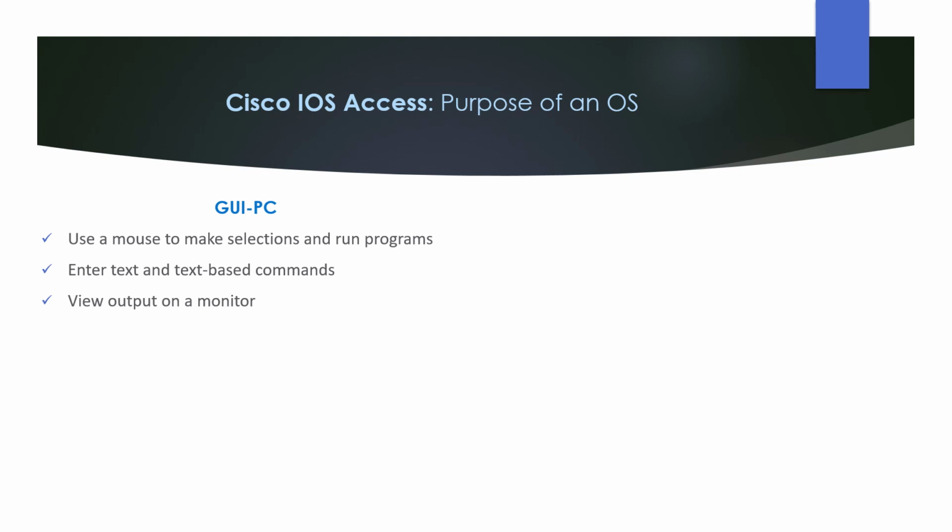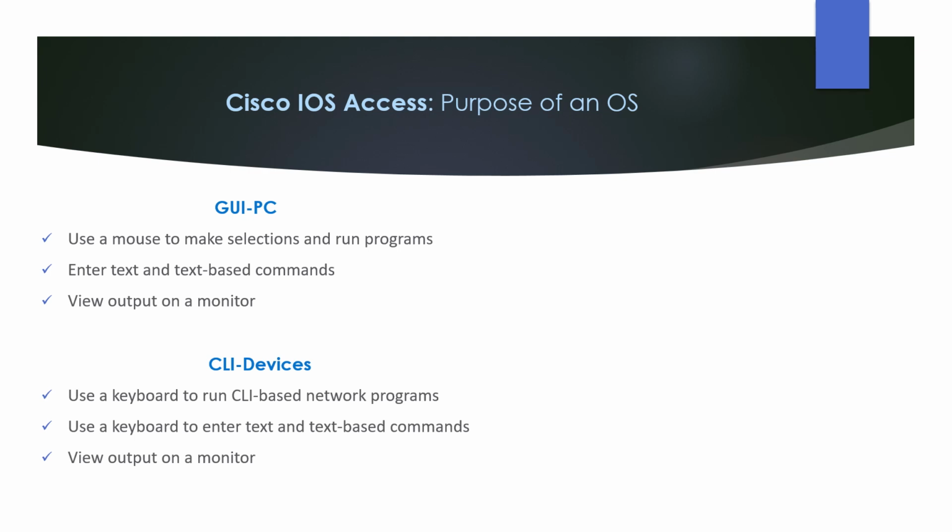A command line-based network operating system enables a network technician to use a keyboard to run command line-based network programs, use a keyboard to enter text and text-based commands, and view output on a monitor.